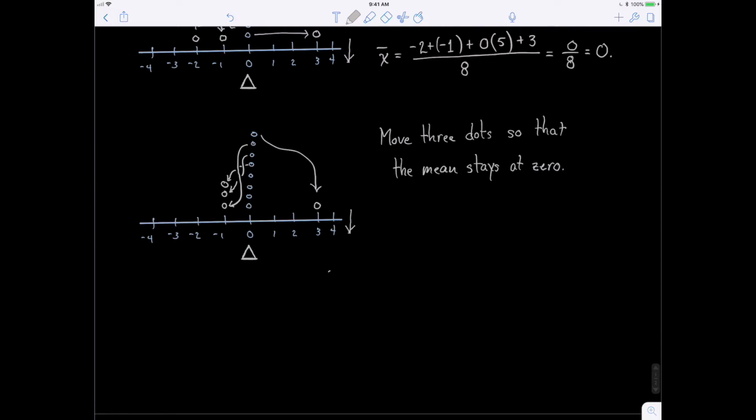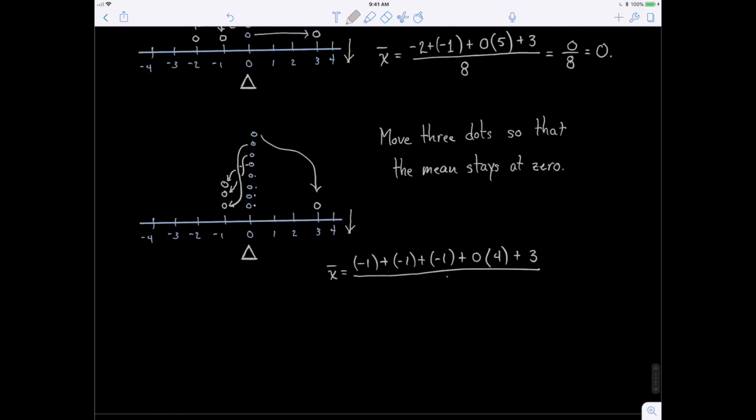If we check this out, now I have that x bar equals, I have a -1, I have another -1, I have another -1. I could have written that as -1 times 3. And then let's see, I have 0. We have now 1, 2, 3, 4 of the zeros plus my 3.